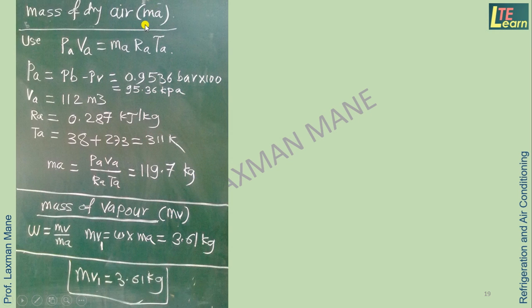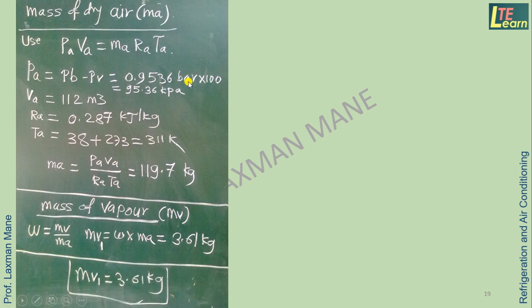Mass of dry air, that is MA. To find that, we use the general gas equation, PV is equal to mRT for the dry air. So here the equation is PA VA is equal to MA RA TA. Now PA means the partial pressure of dry air. How to find it? Using the formula PB minus PV. So PB is given in the example, PV we calculated.